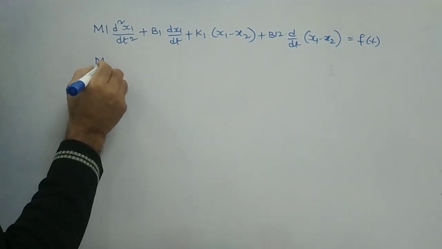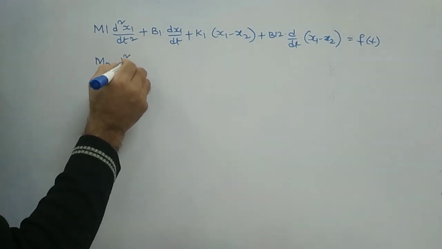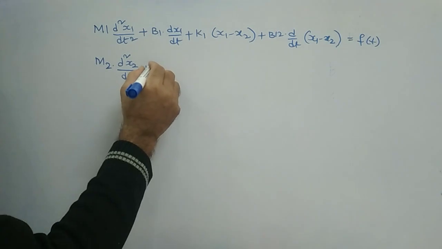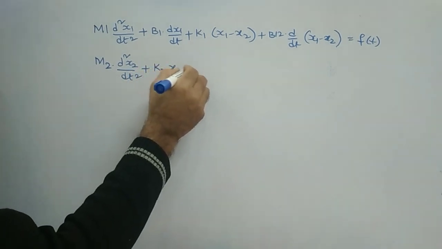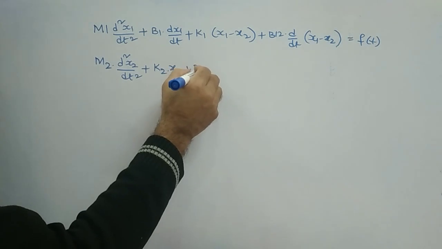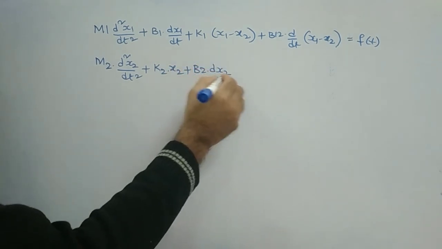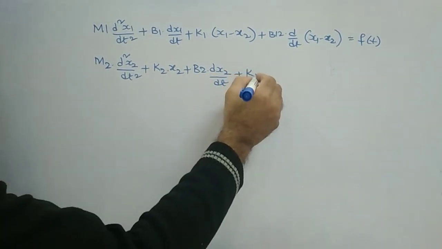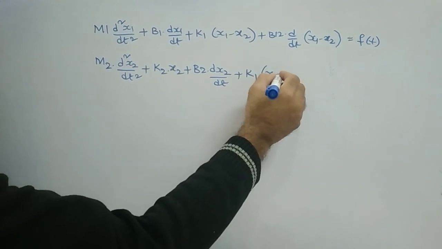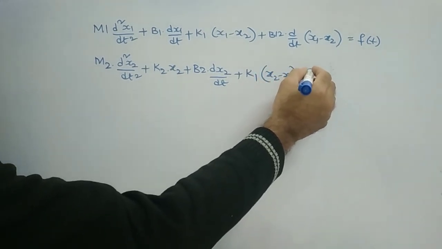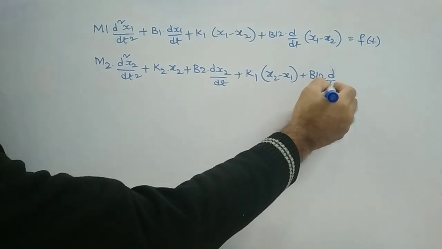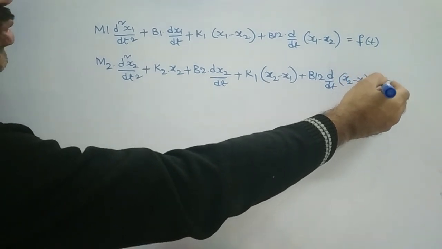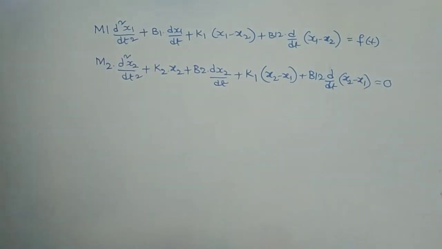The second equation is m2 d square x2 by dt square plus k2 x2 plus b2 dx2 by dt plus the common elements, same k1 with x2 minus x1, plus b12 d by dt of x2 minus x1, equal to 0.